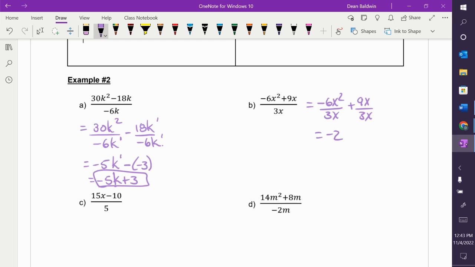Negative 2. What do you do with the exponents? Subtract, so I get just x or 1. And then the second term, what does 9x over 3x simplify to? What's 9 divided by 3? What's x divided by x? Nothing. So it's just negative 2x plus 3.